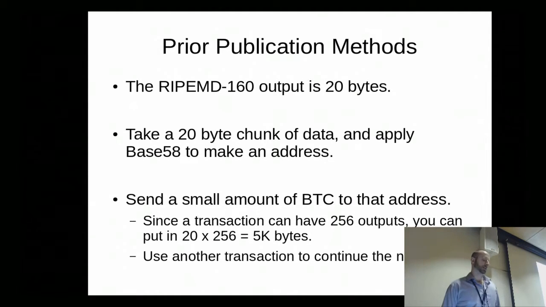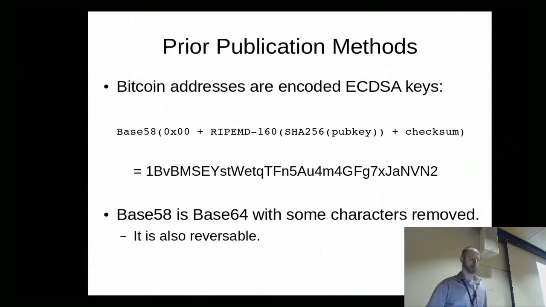One thing to notice is that the RIPEMD-160 output happens to be 20 bytes. So if you wanted to publish 20 bytes of data, you set your data to be those 20 bytes, and then you prepend that 0 byte, append a checksum, and generate the address.